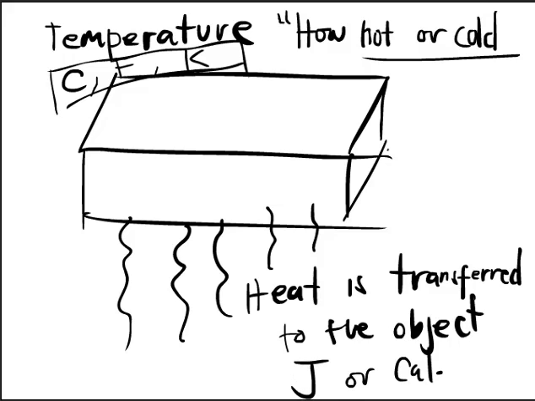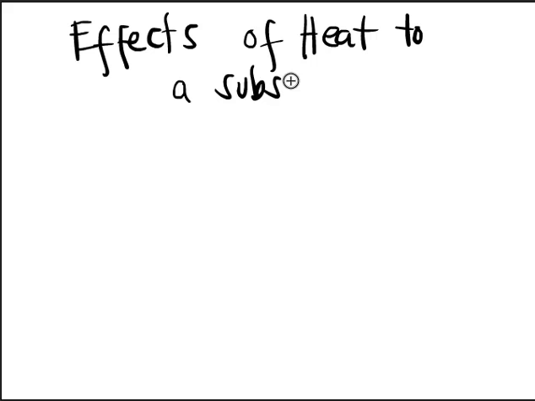So what could be the effect of heat on a substance? When heat is added to a substance, the molecules and atoms vibrate faster. As atoms vibrate faster, the space between atoms increases.